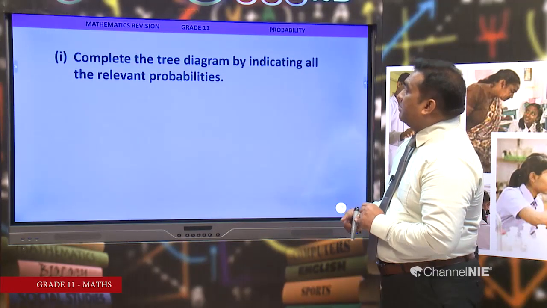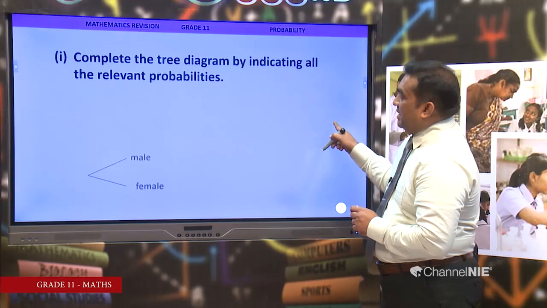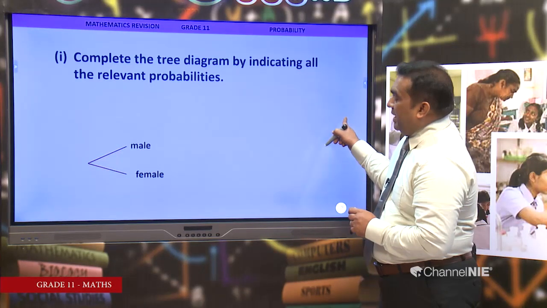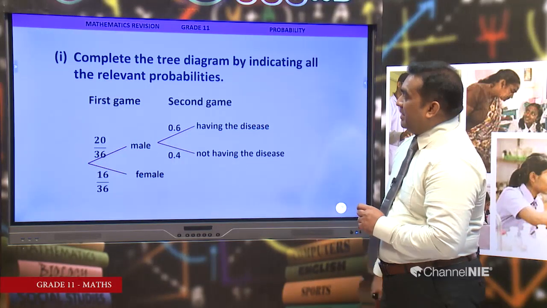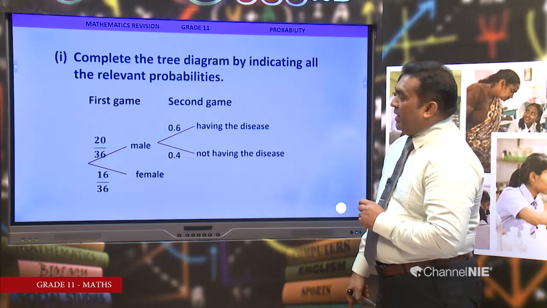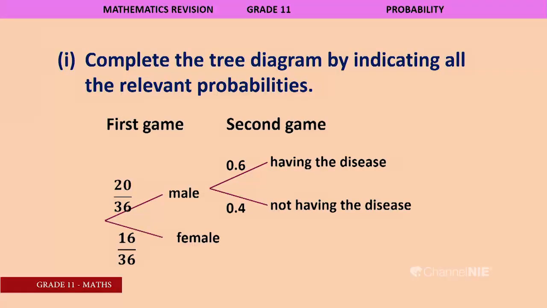Now, complete the tree diagram by indicating all the relevant probabilities. Male, female probability, right? 20/36, 16/36. Now you have 20 plus 16, 36, right?